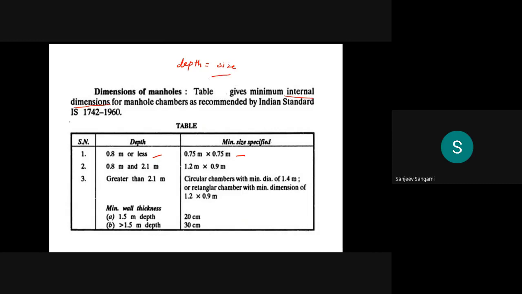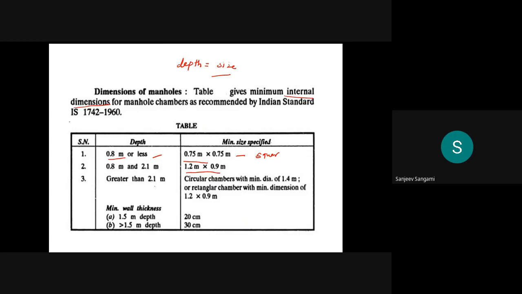So for 0.8 meter depth or lesser, normally we provide 0.75 by 0.75, that is, square. We already said that we will provide either square or rectangle. So if it is 0.8 meter to 2.1 meter, then it is 1.2 meter by 0.9 meter.